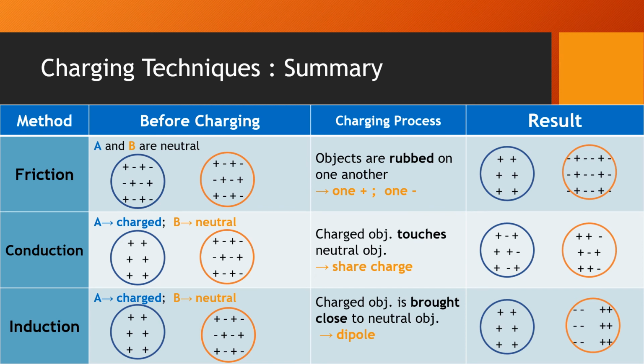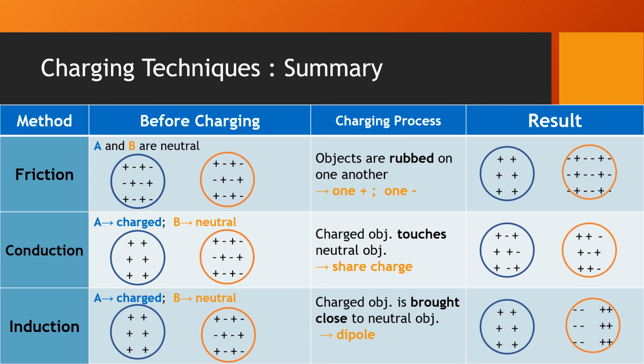If we're looking at friction, both materials are neutral before you charge them. The charging process is both items are rubbed. One item becomes negatively charged, one item becomes positively charged. In conduction, I have a charged item and a neutral item.